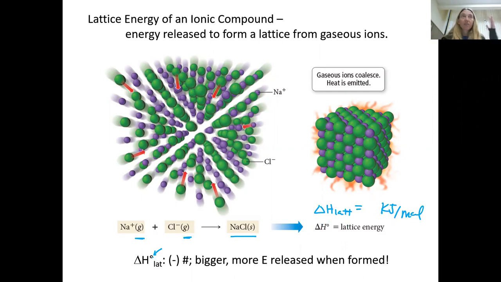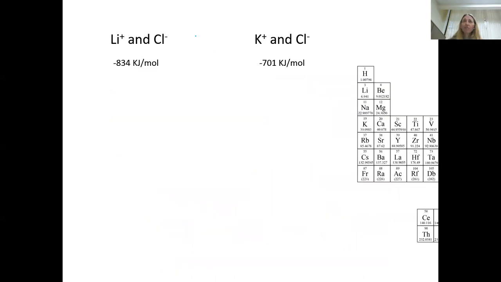So, I think at room temperature, 1 atmosphere of pressure, these ions come together in the gaseous form to form the solid. And the way lattice energies work is the bigger the negative number is, the more energy is released when formed.